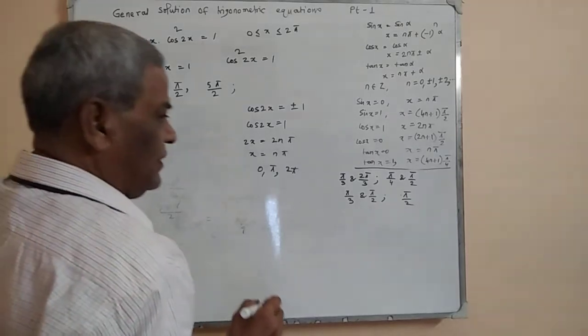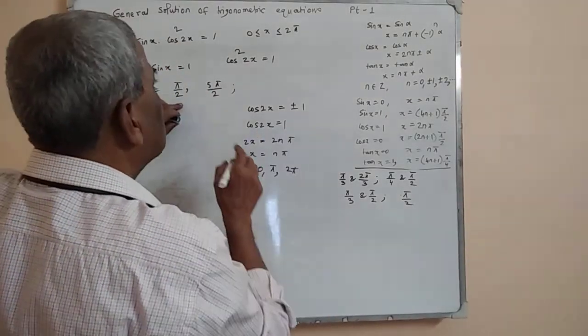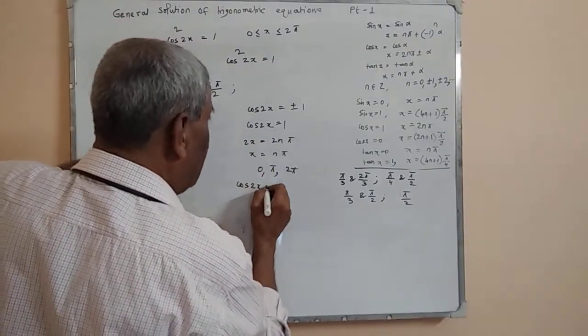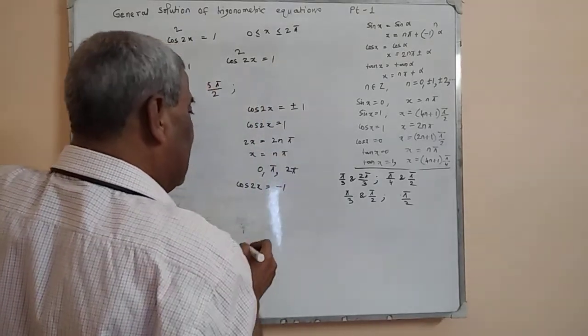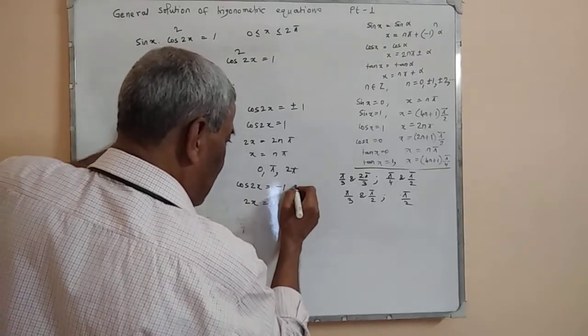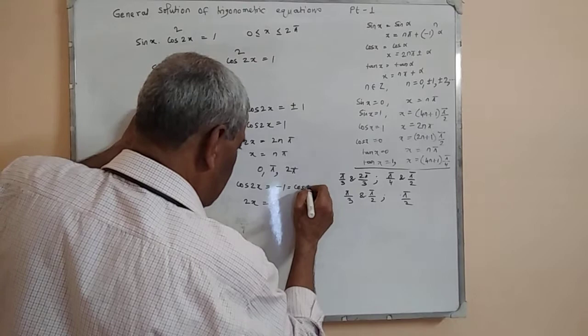The next one is, we can take cos 2x is equal to minus 1. Minus 1 in that case, it is actually cos of pi.